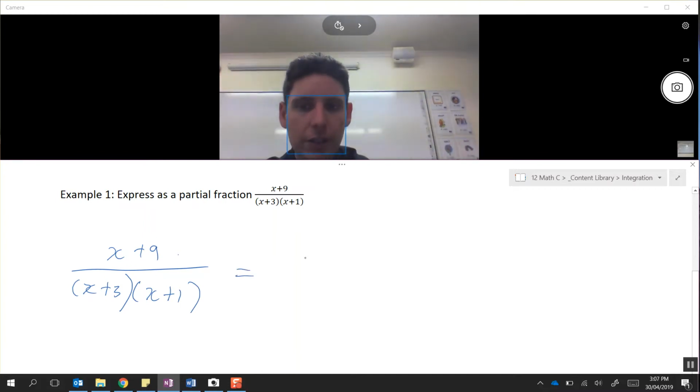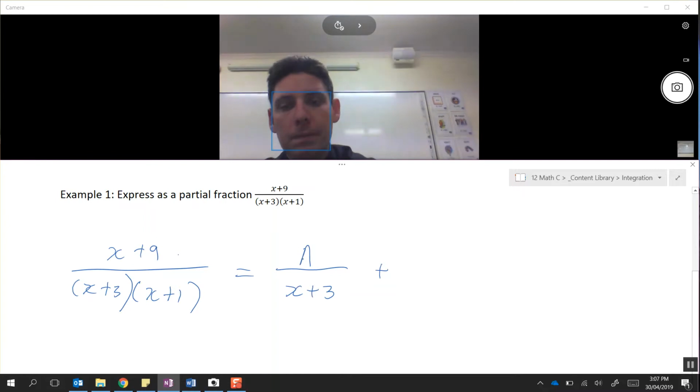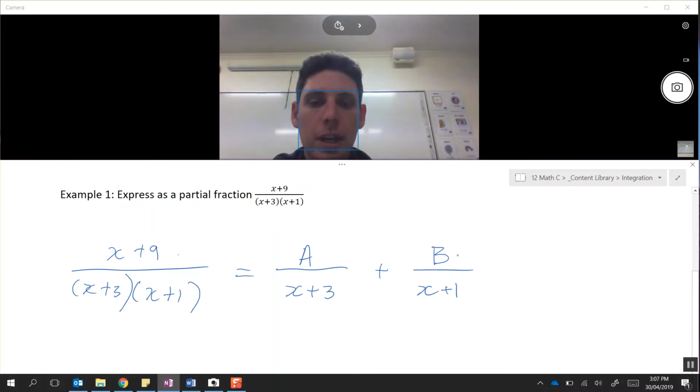We know this is equal to some value over x + 3, and I'll use a capital A, and another value over x + 1. So we're trying to determine what this capital A and capital B are.